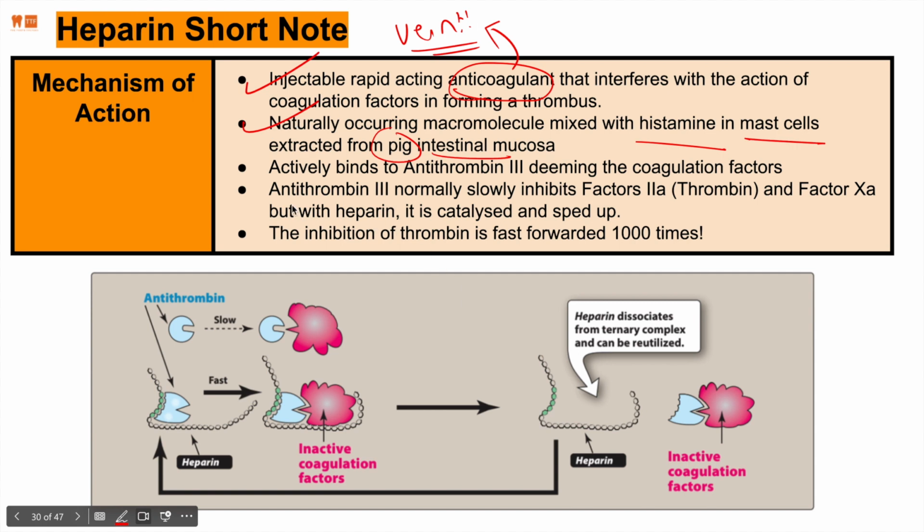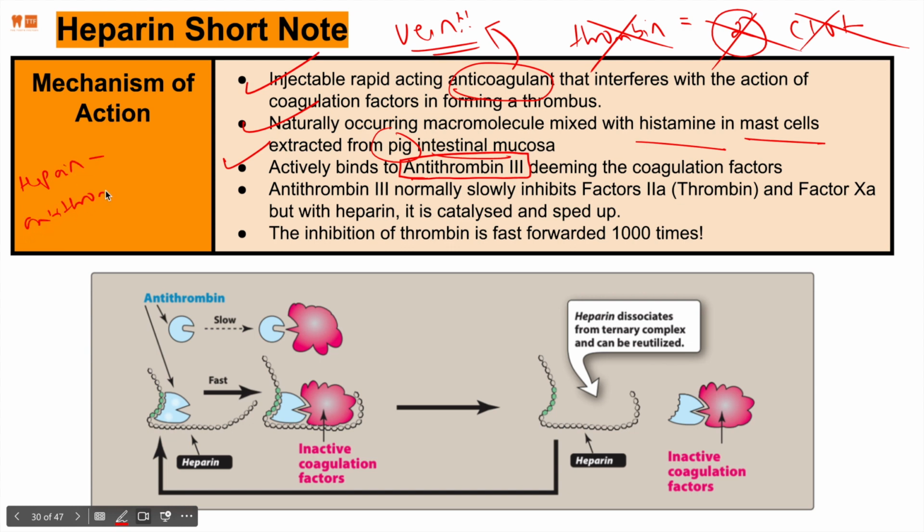Actively binds, this is the role now, it actively binds to antithrombin number 3. So what is thrombin? Thrombin is number 2. That creates clot. Antithrombin, anti number 2, anti-clot. It binds to it, causing heparin antithrombin complex.